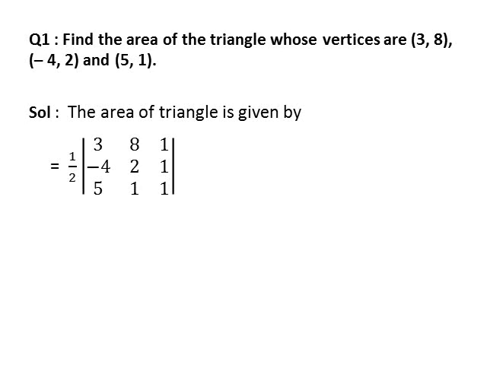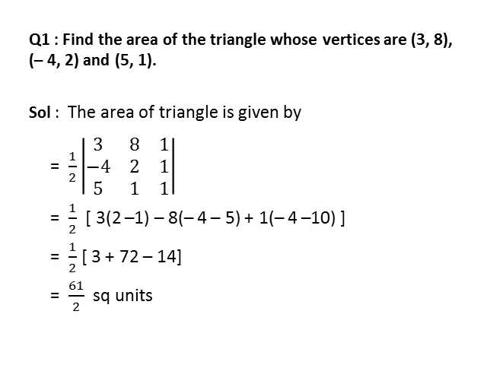Now to find the value of the determinant, expand it along any row or any column. I have expanded it along R1. After simplification, we get the value of the determinant as 61 multiplied by half. So area of triangle equals 61 by 2 square units.